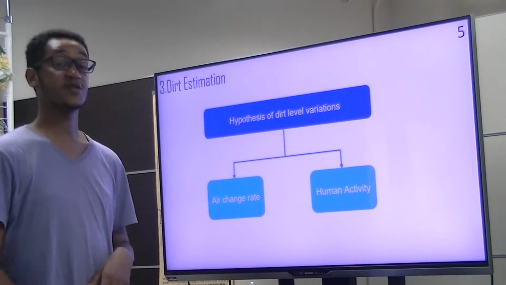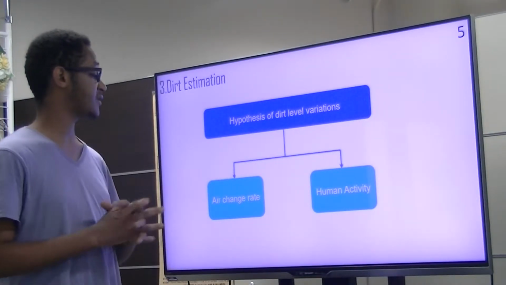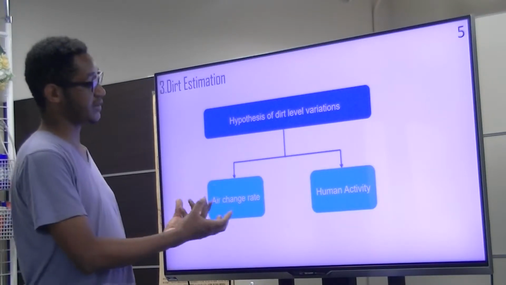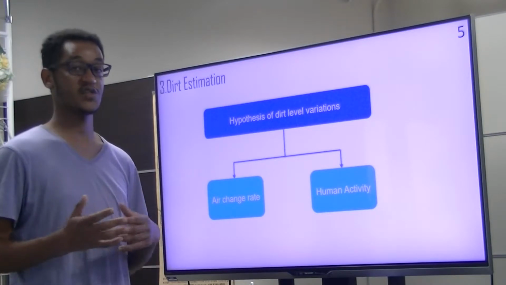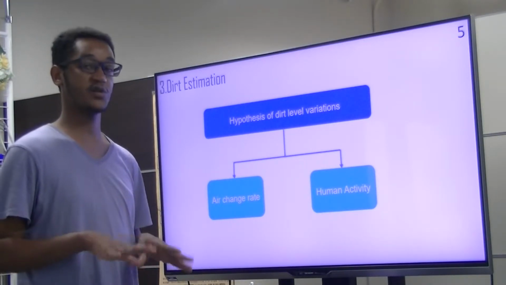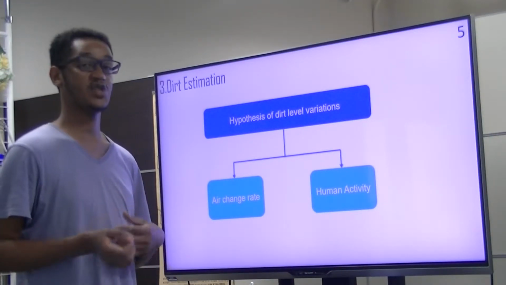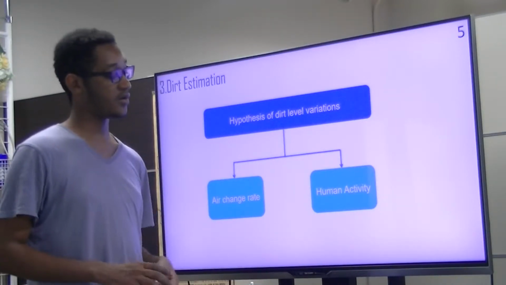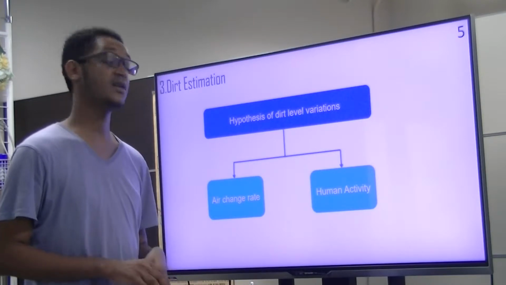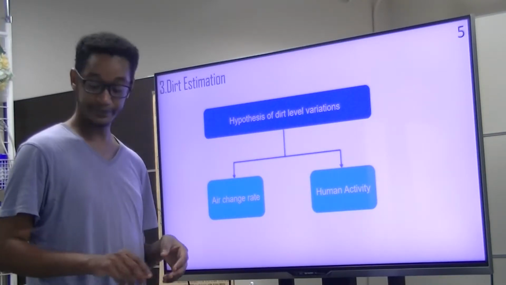For our dirt estimation map, we assume that the variation of the dirt in the room is due to the air change rate, which happens when there is fluctuation of pressure in the room or exchanges of air between the interior and the exterior of the room, and the human activity in it.